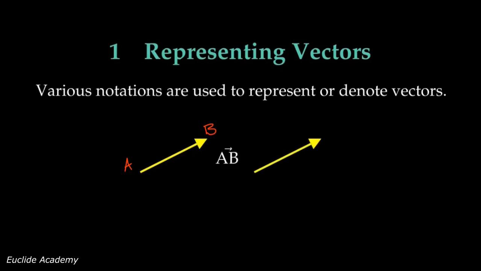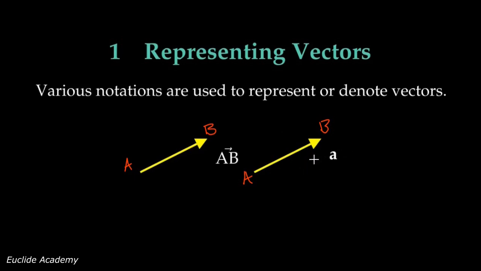The second notation, we can represent the same vector. Let's say A is the head as well, again, and B is the tail. We can represent this sometimes by just writing a bold A. So bold A could be used to denote a vector. Not just the bold A, it could be any letter, but it should just be bold.